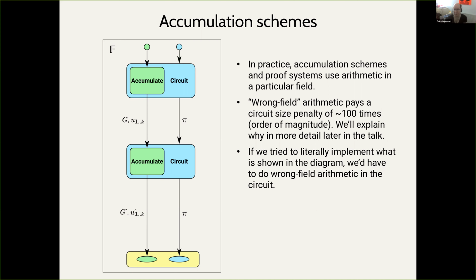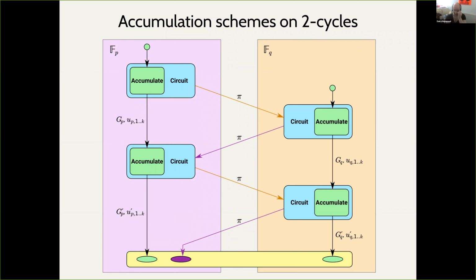But how can we solve this problem? So we basically have two proof systems, one over a field FP, in purple in this diagram, and one over FQ, which is in orange. And we alternate between the two proof systems.